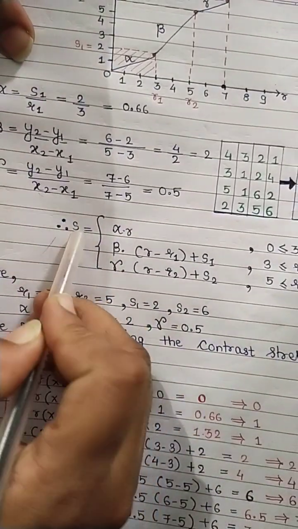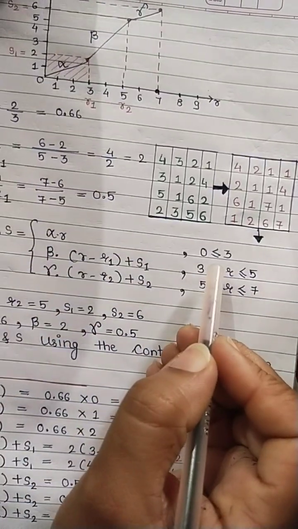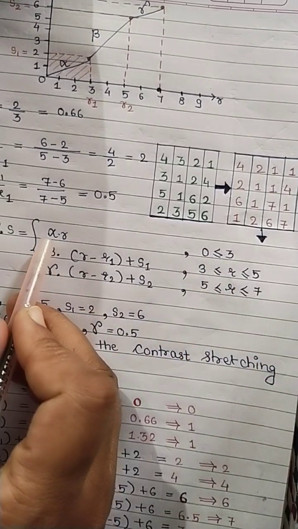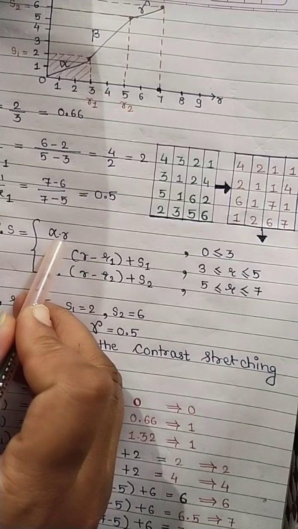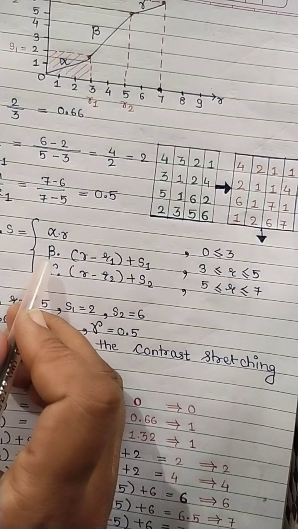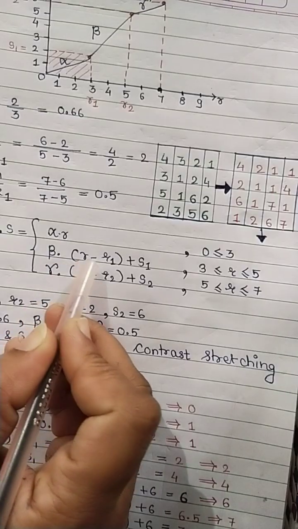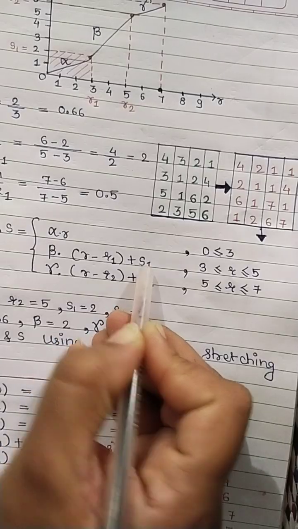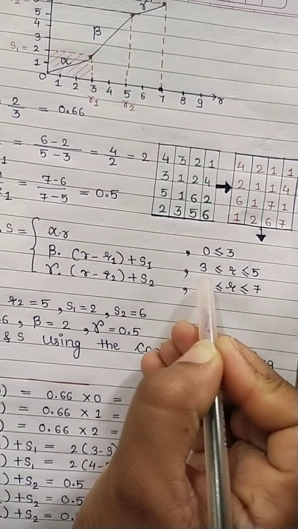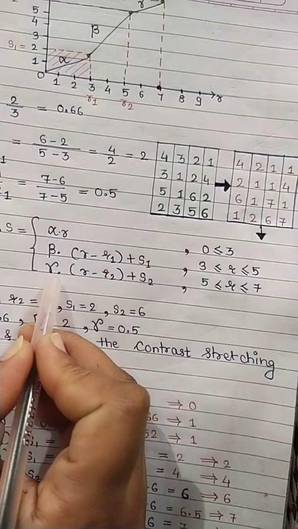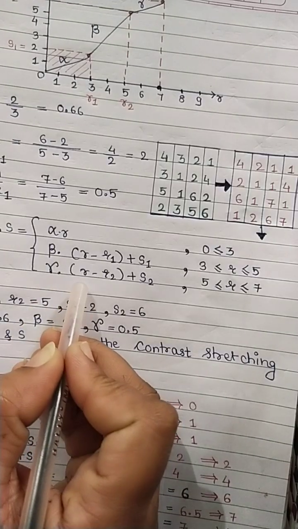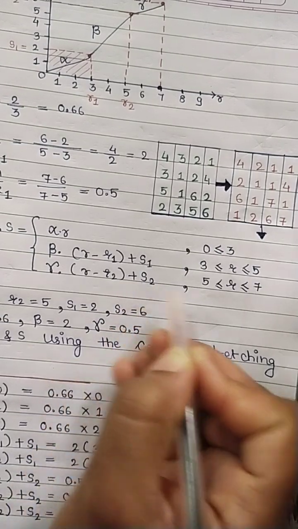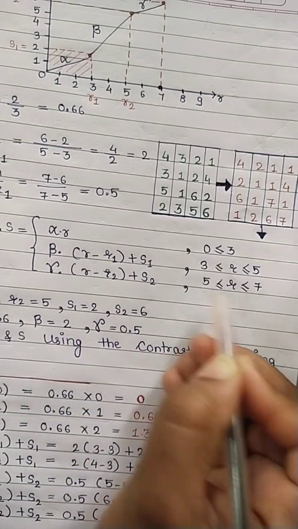At point S, when the value of R, meaning input, is between 0 and 3, then we calculate alpha into R. Similarly, we calculate beta into R minus R1 plus S1, where the value of R is 3 to 5. And gamma is calculated by gamma into R minus R2 plus S2, where the value of R is between 5 and 7.